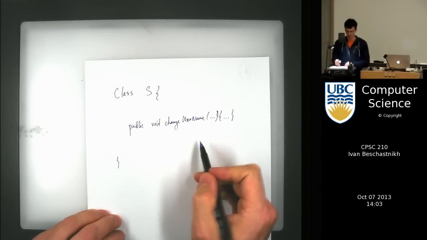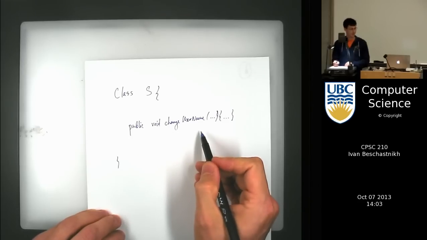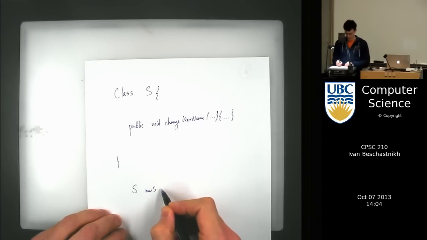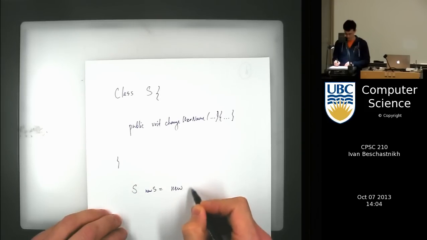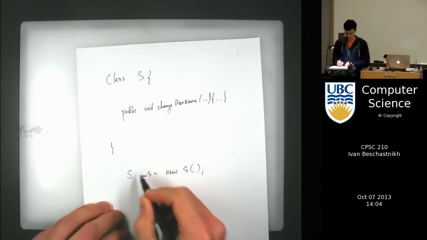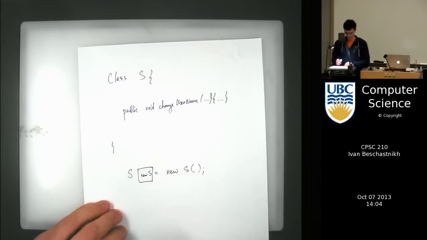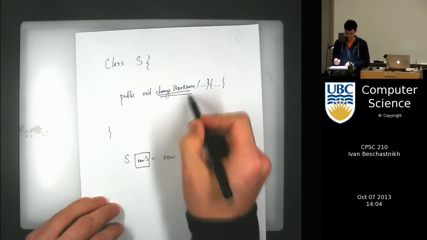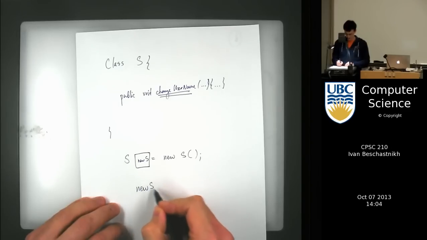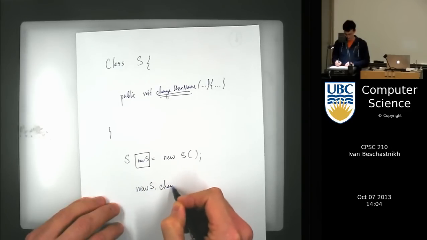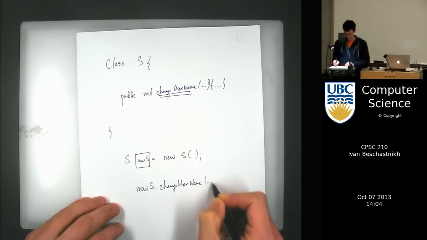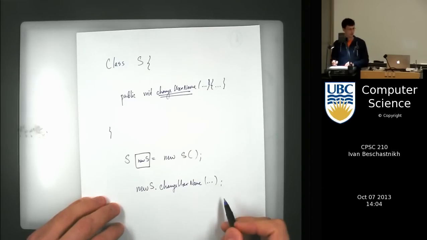For me to call this method, I need an object, an instance of S. So I need something like S s = new S. Now this object refers to a new instance of S, and to call this method I say s.changeUsername. This is how we invoke methods.